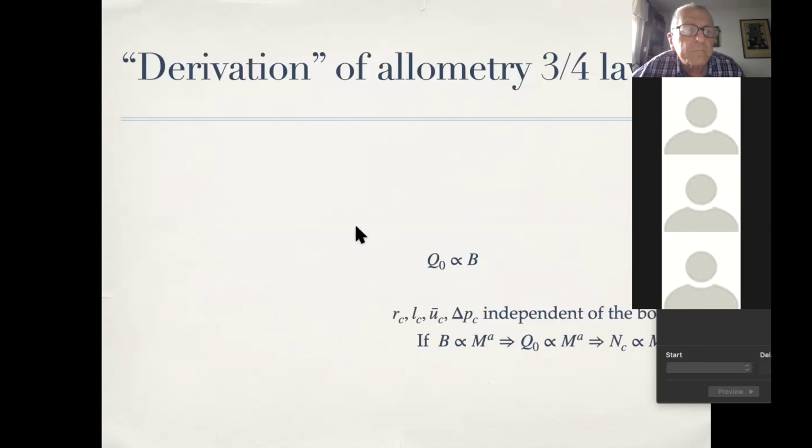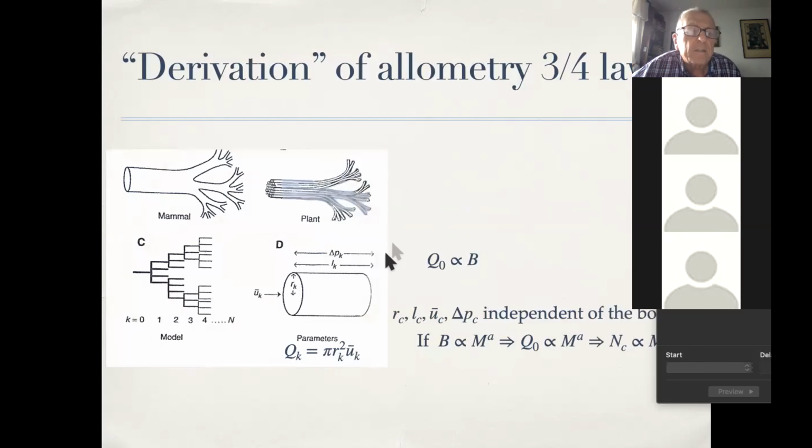So I'm sorry, something is confusing here. You remember, the problem is that we know that the nutrition rate, the quantity which tells us how much energy we have to deliver to our body in order to keep it going, is proportional with some exponent to the mass of the body.